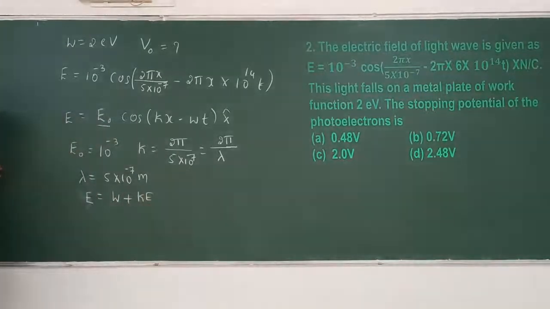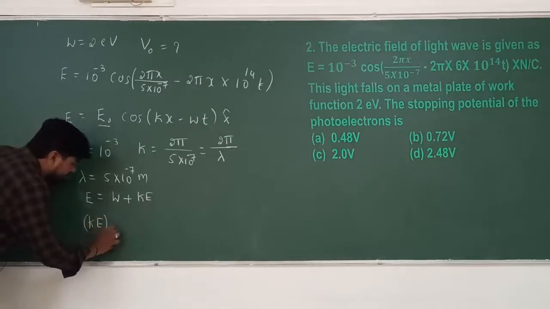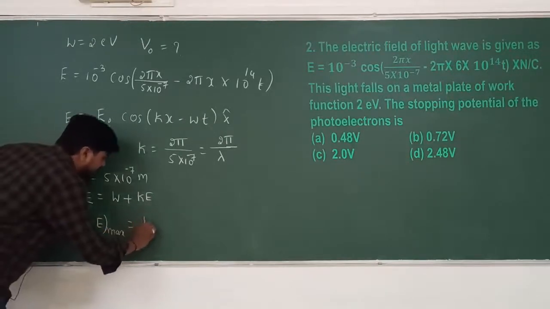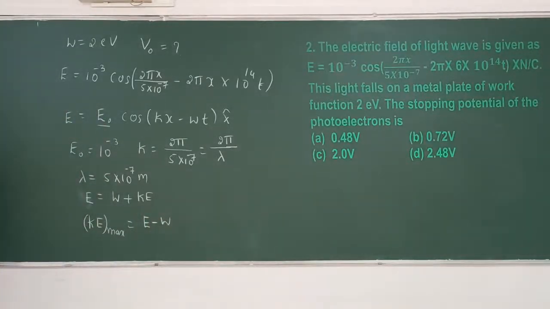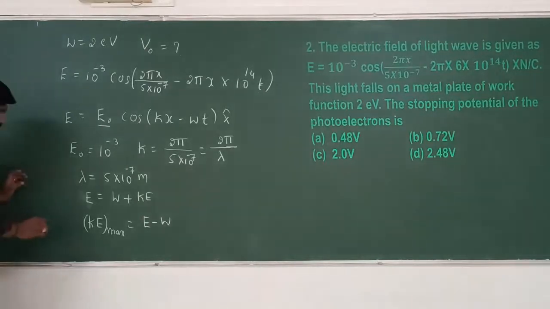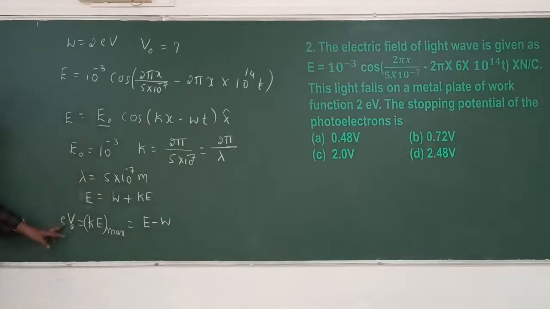Therefore the maximum kinetic energy E maximum is equal to E minus W. E maximum we can consider as E into V naught, in terms of the threshold potential or stopping potential. So hc by lambda minus the work function is equal to the maximum kinetic energy.